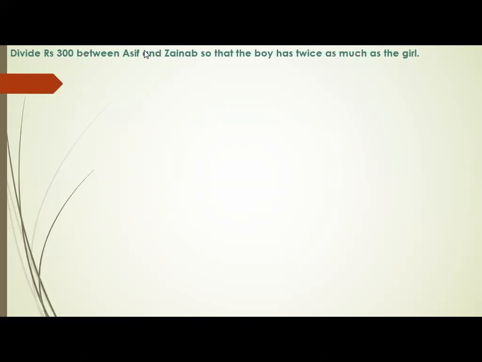What is 300 here? Here 300 is the total amount, right? Now, where are the ratios? Ratios are not given. How can we find the ratio? By this statement: the boy has twice as much as the girl.